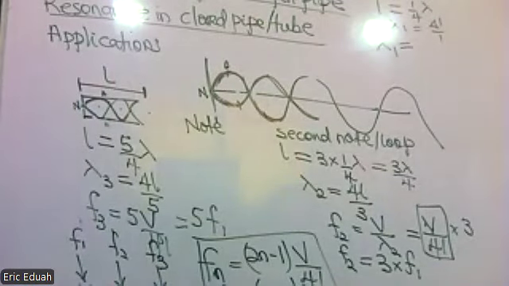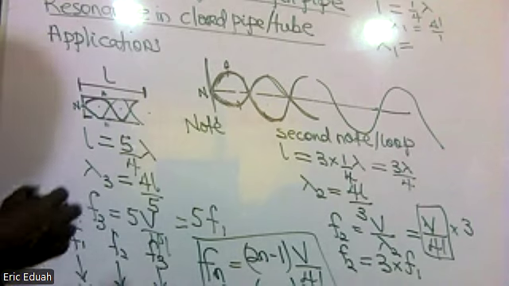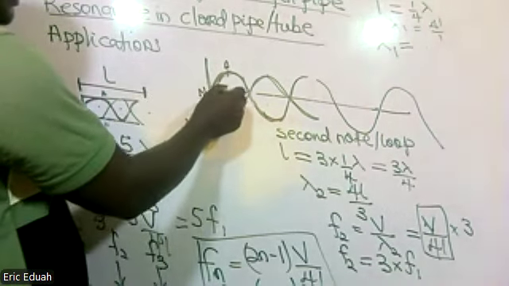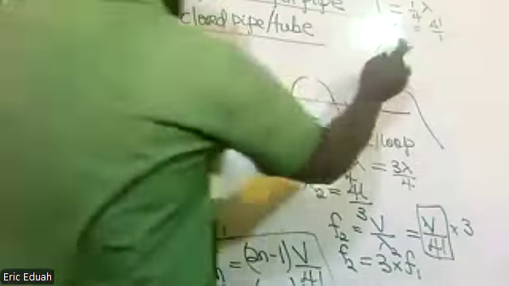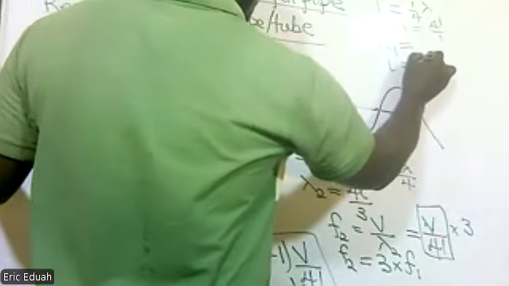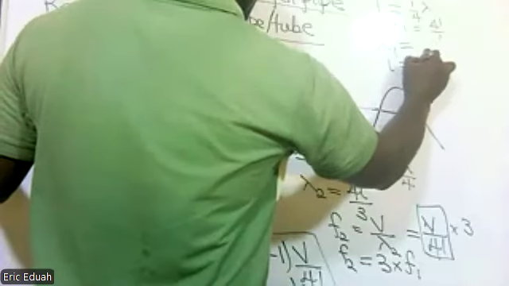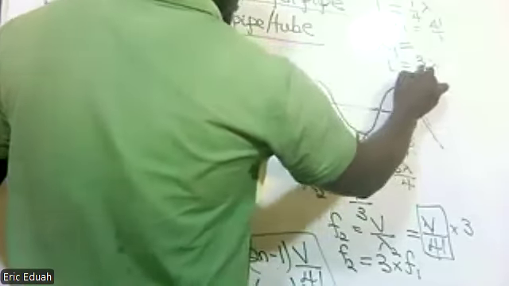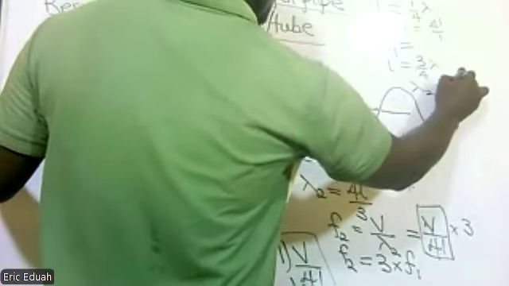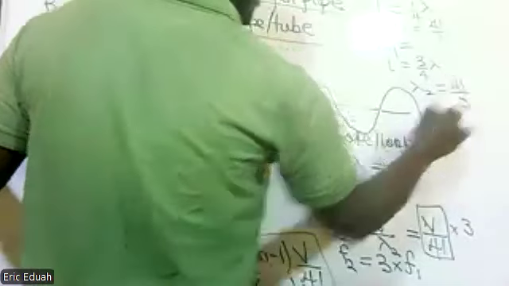Then lambda 2, we got 1, 2, 3. L is equal to 3 on 4 lambda. So lambda 2 gave us 4L on 3.